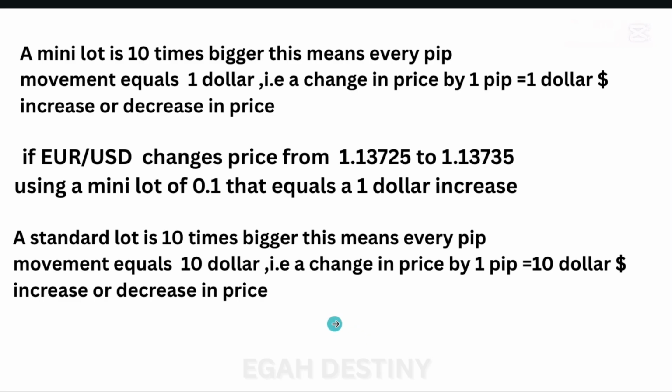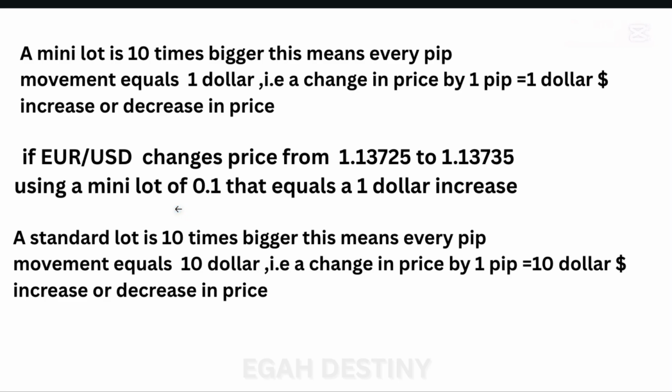If EUR/USD changes price from 1.13725 to 1.13735, meaning an increment by 1 pip, using a mini lot of 0.1, that equals a dollar increase. Note that if you increase your lot to 0.2, it means a $2 increase. If you increase your lot to 0.3, it means a $3 increase.